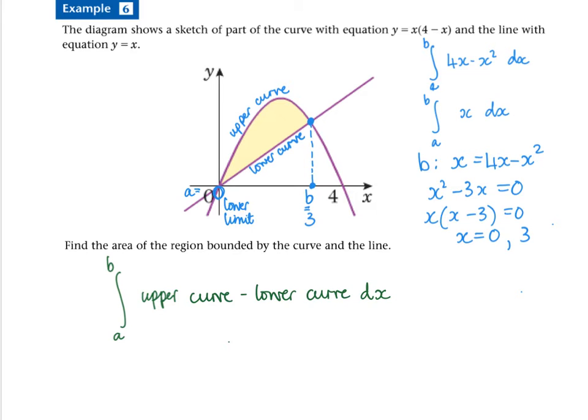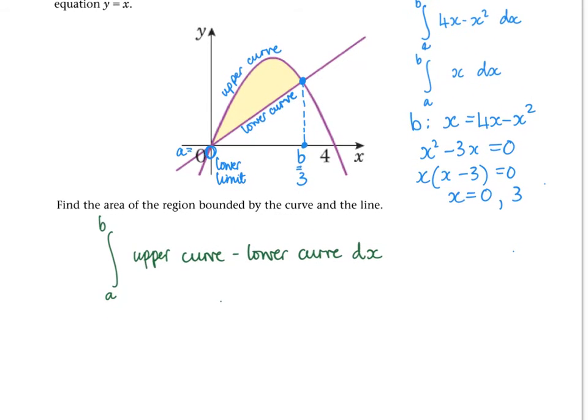Right, so what we put in then, we've actually found our limits, and they go from 0 to 3, and the upper curve, the one on top, is 4x minus x squared, and that's take away the lower curve, and I'll put it in brackets because we've got this minus sign here.